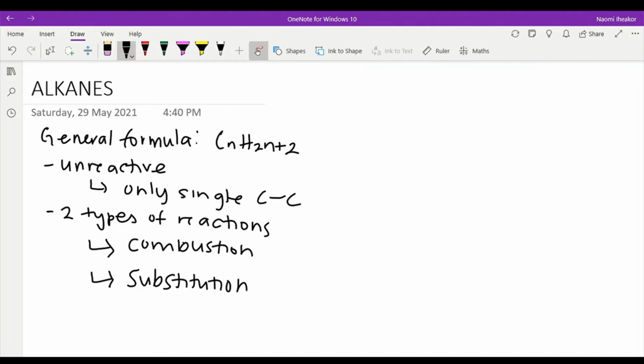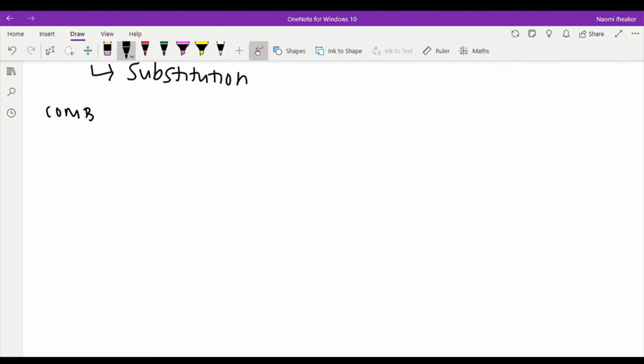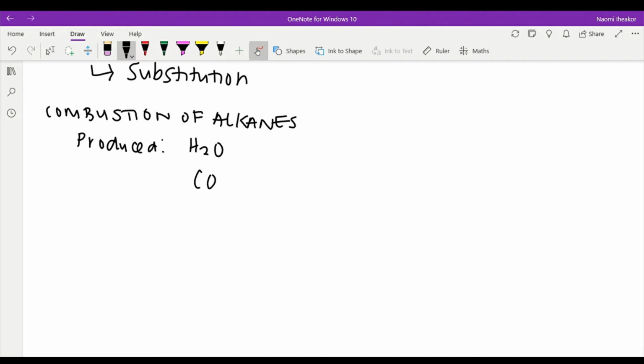So let's have a look at the combustion of alkanes. We already know that when we talk about the combustion of a substance, water is going to be produced, as well as carbon dioxide, carbon monoxide, or carbon, depending on conditions. Where we have excess oxygen present as we do our combustion reaction, we're going to have carbon dioxide produced.